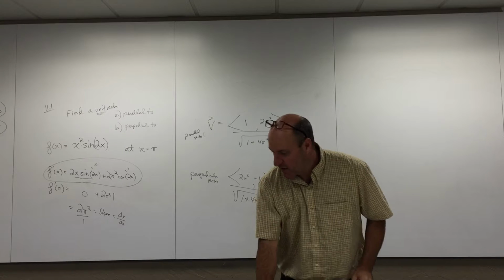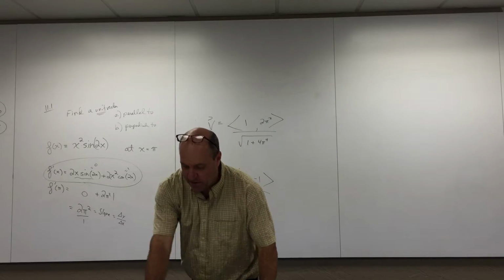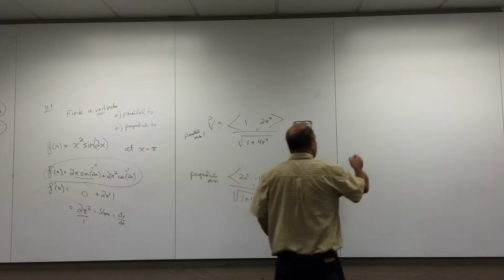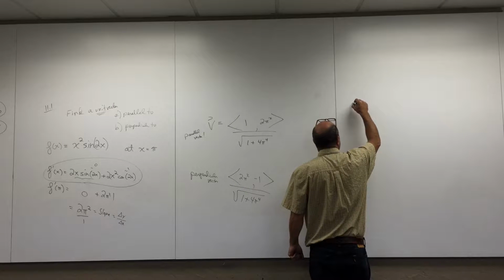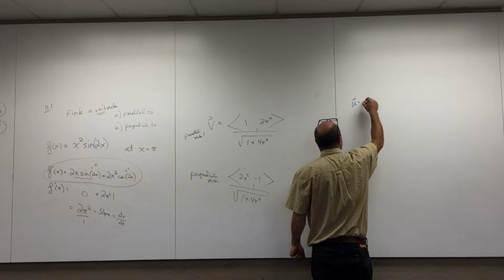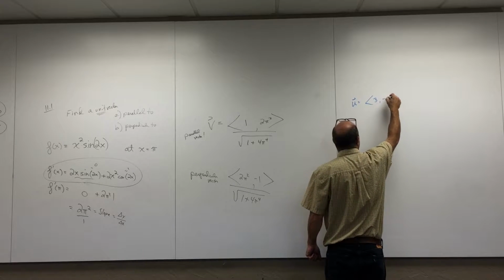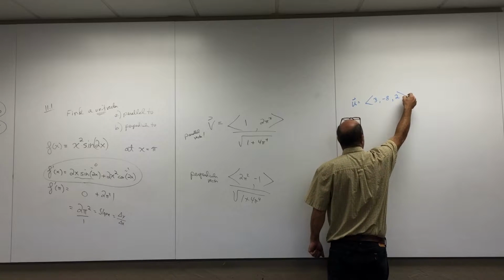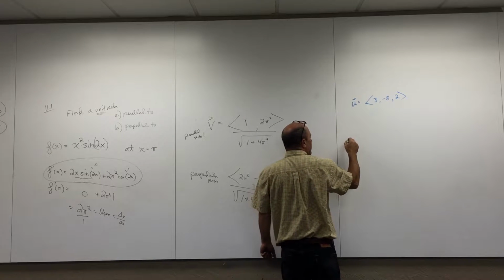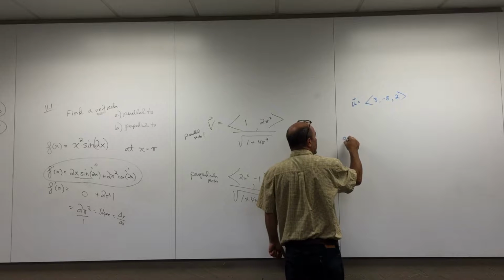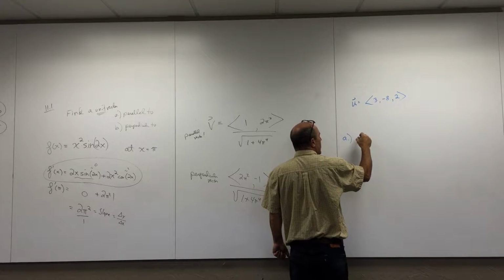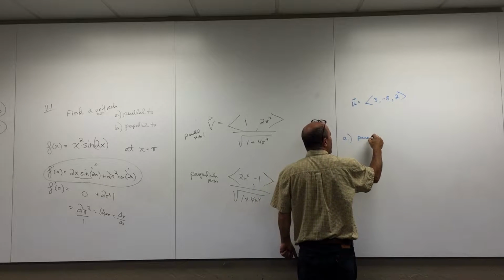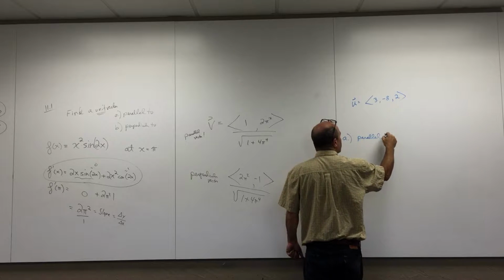This reminds me of a question I had on a test once. Here's a vector u. There's more than one answer, but I want something parallel to u.